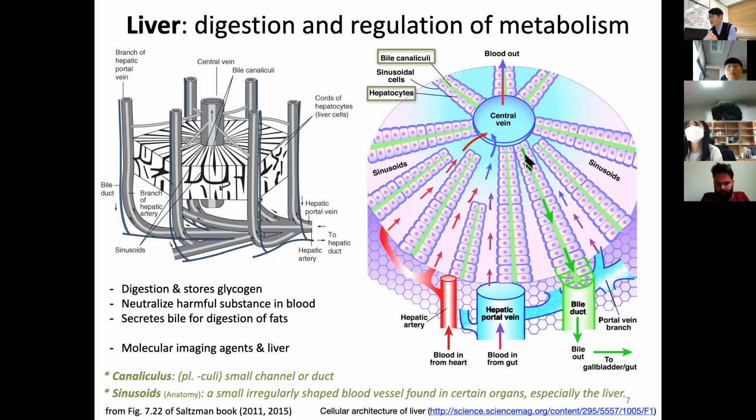And the bile duct is on the reverse side, and you see these many tiny ducts we call bile canaliculi. This is a little difficult term, but a canaliculus is a small channel duct. So bile canaliculi is the plural form. So here's the design. I want you to understand this is a very specially designed organ, and the bile goes to the gallbladder and your gut.